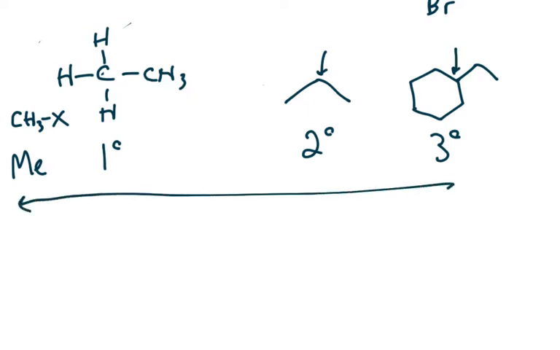So this is SN2. And the reason why is because the nucleophile is coming in at the same time that the leaving group is leaving. So you don't have a lot of room in there, and the more carbons that you have around it, it creates something called steric hindrance, which is basically you don't have space to get yourself in there. So that's bad for SN2.